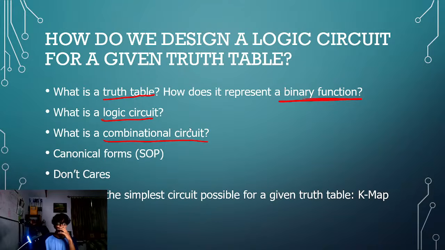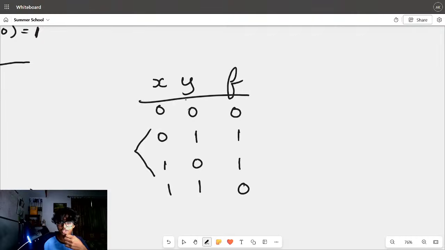Now, this is where you get into something called SOP, or canonical forms. This is essentially a way for you to realize any binary function as a combinational circuit. A combinational circuit is nothing but a circuit with a bunch of logic gates. How you realize this function as a circuit, I want you to think of this intuitively.